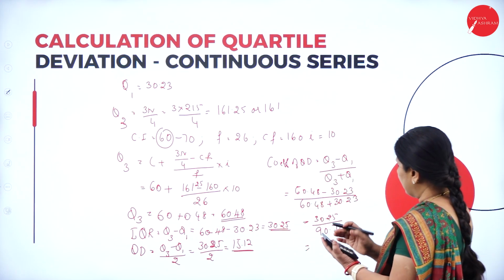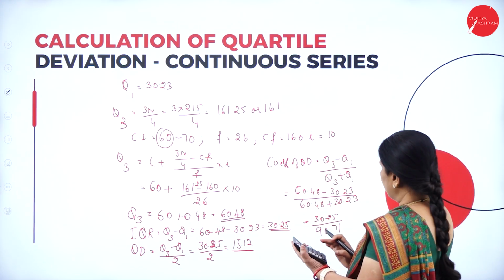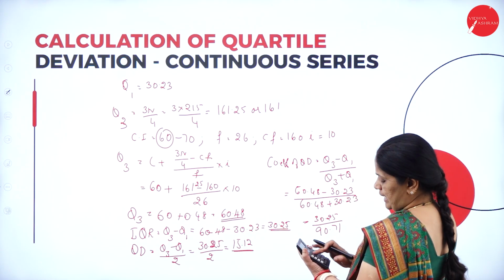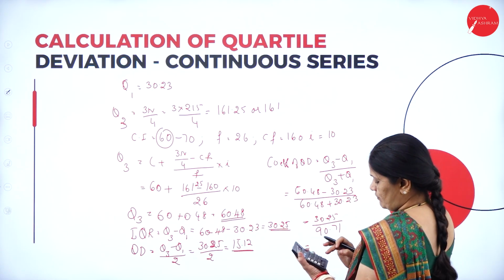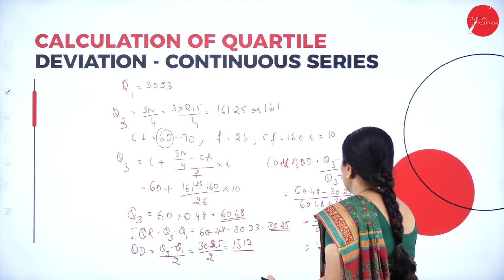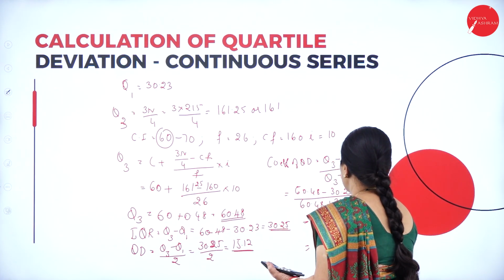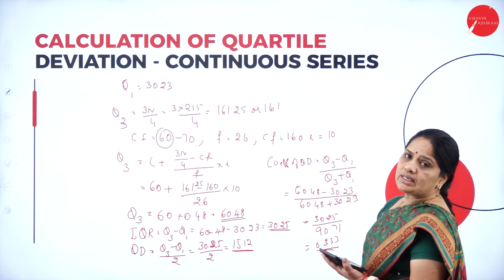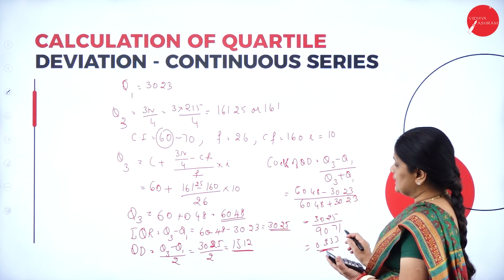When I simplify this, it comes up to 0.333. So the coefficient of quartile deviation is 0.333.